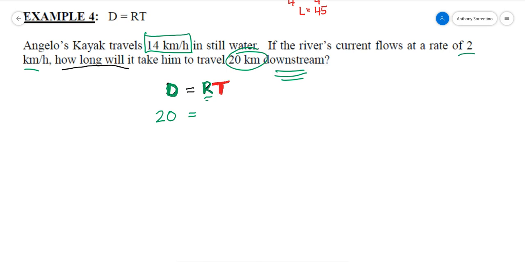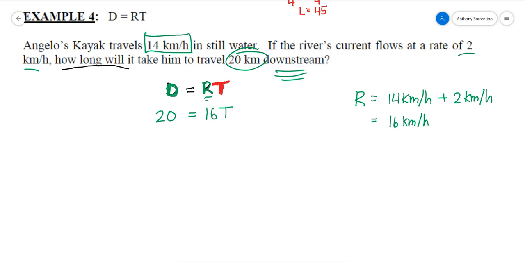So Angela, his rate should be what he can produce himself along with the 2 extra kilometers per hour that the current should be pushing him. So his actual rate here is 16 kilometers per hour. And so it's going to be 16, of course, times t.